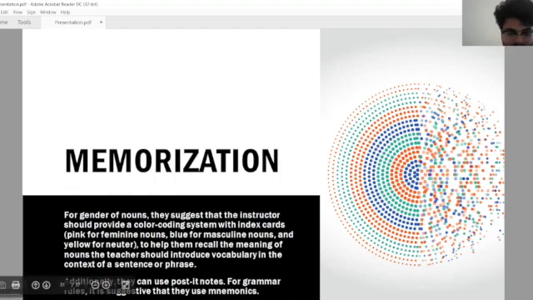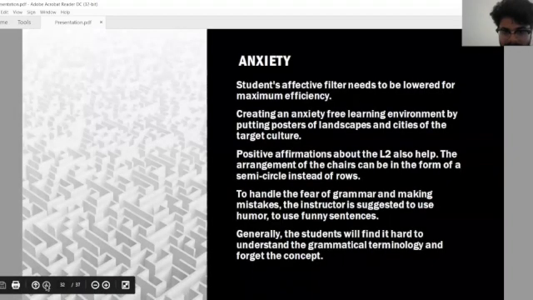And for the conversation about students' anxiety, in order to combat that, students' affective filter needs to be lowered for maximum efficiency when it comes to second language learning in general. And this entails creating an anxiety-free learning environment by putting up posters of landscapes and cities of the target culture, and positive affirmations about the second language also help in this regard.